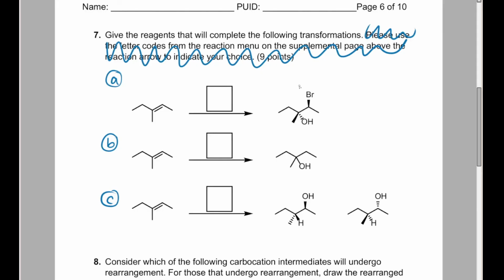So for part A, we're given this original molecule, and we see this product molecule where the alcohol is added to the more substituted carbon, whereas the bromine is added to the less substituted carbon. In this case, the reagents will be Br2 and H2O, and I'll explain why.